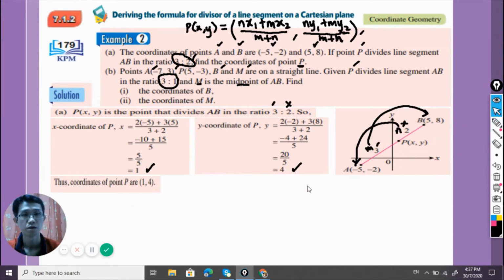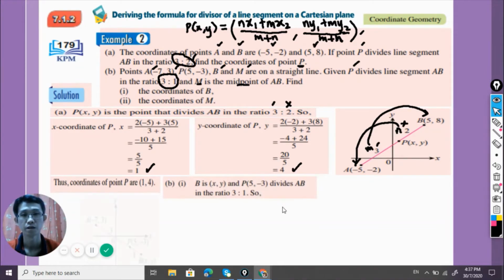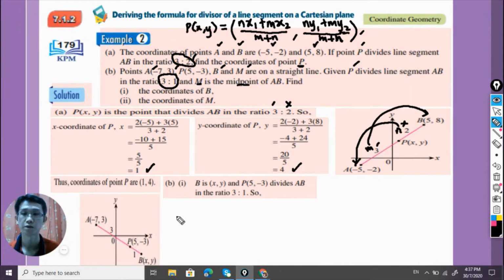We draw the diagram to show the relation and position of the points A, P and B. If you draw according to the coordinates given, you will find that point A stays at this position, -7, 3, and point P is 5, -3, somewhere here, and the point B most likely will be at the end here. So it's x, y, to the right of the point P.